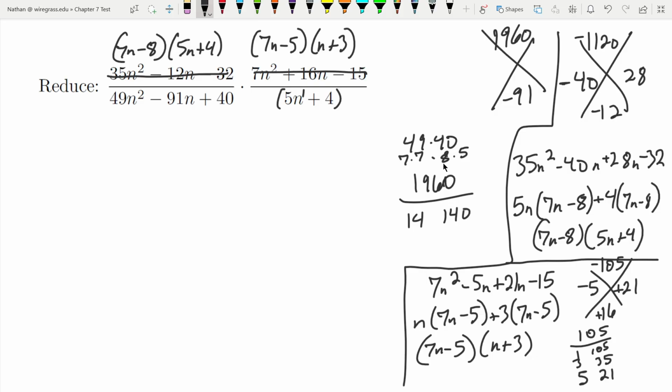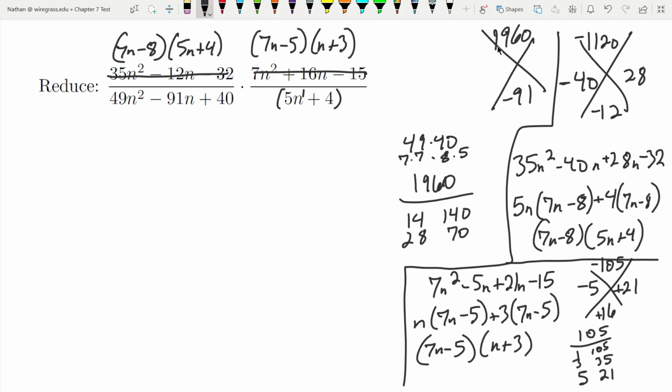Let's see. If I do another 2 here, I take another factor of 2 out of here and pair it with the 14 to make 28. 1960 divided by 28 is 70. So that's too far apart here.